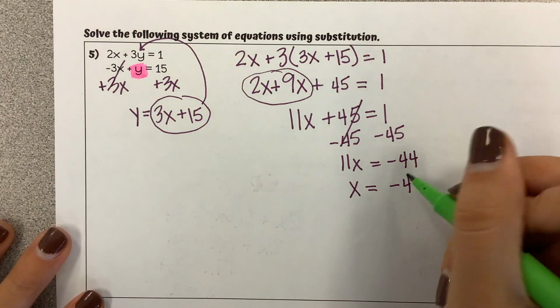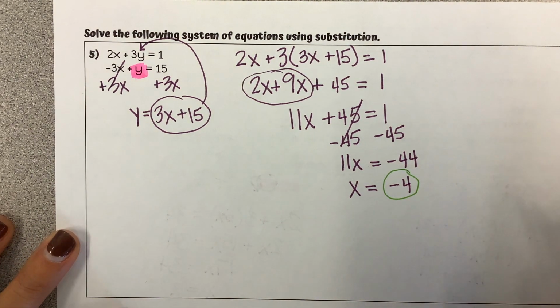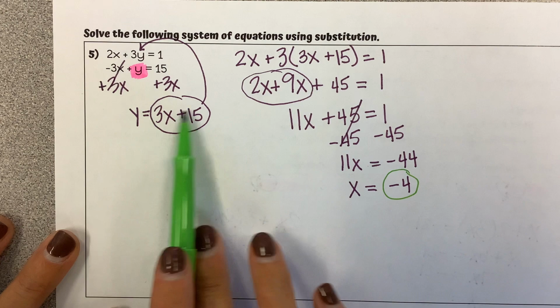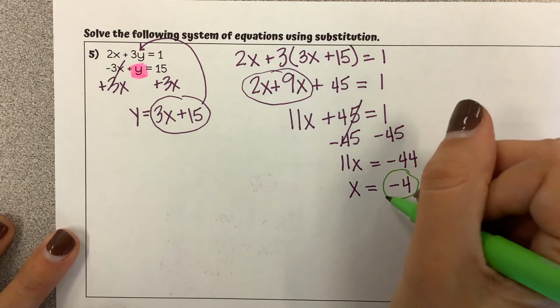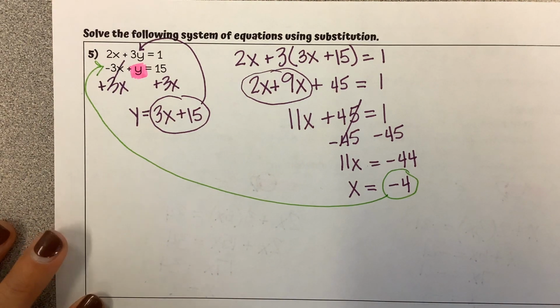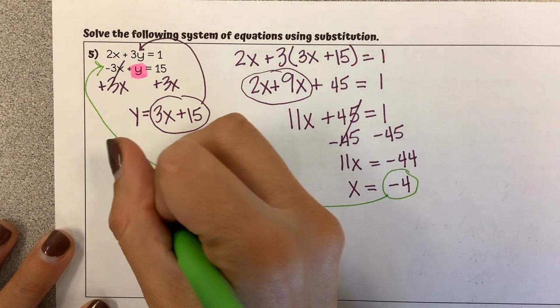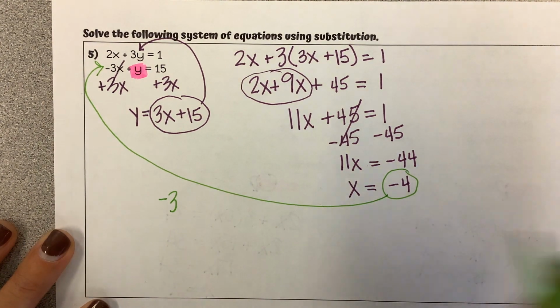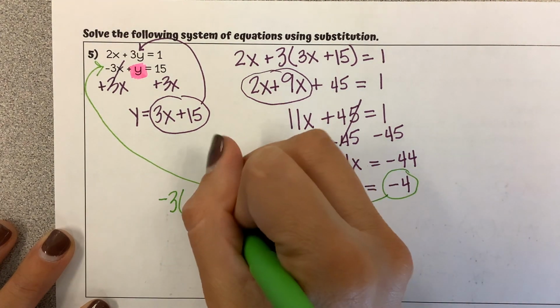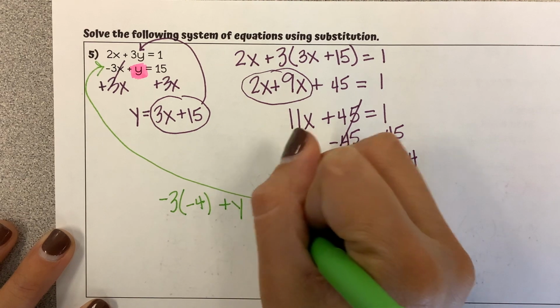Now we're going to take this value of x and plug it back into either equation. So I can plug it into the top equation, I can plug it into the bottom, I can plug it into the one that I reworked, as long as I reworked it correctly. Let's say I plug it into the second equation here. So we're going to do negative 3 times our x value of negative 4 plus y equals 15.